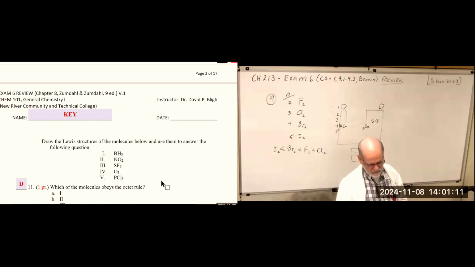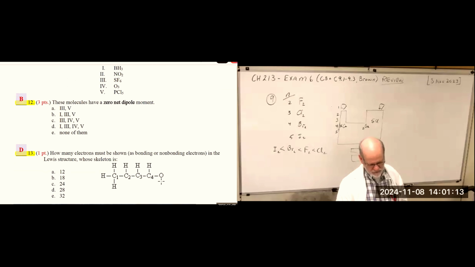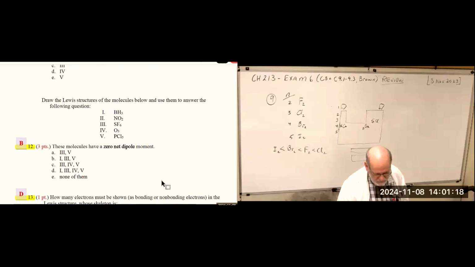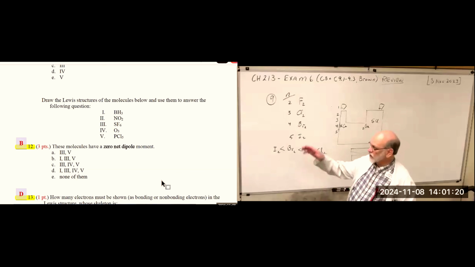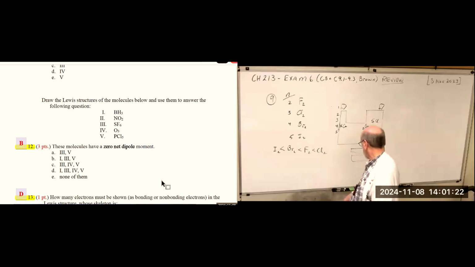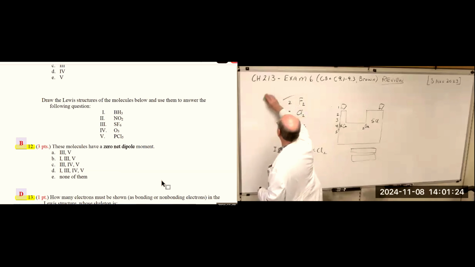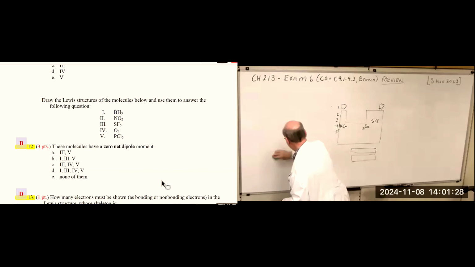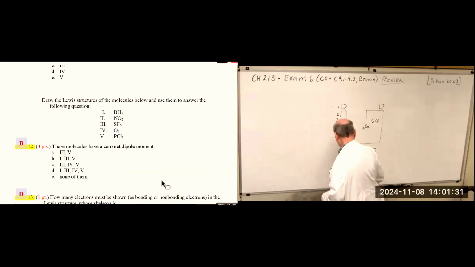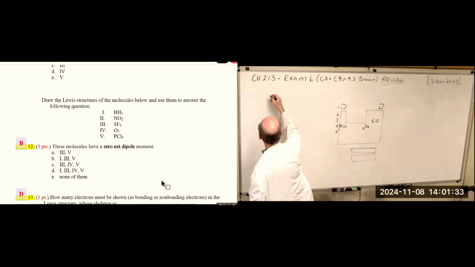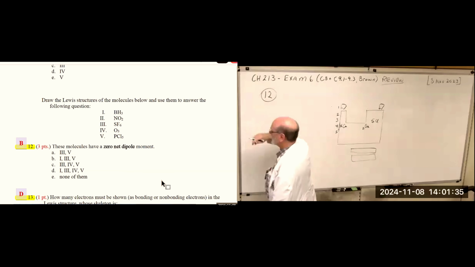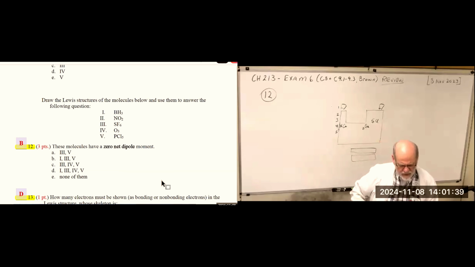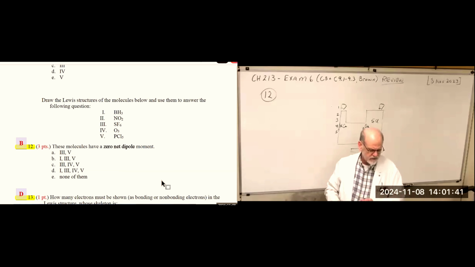All right. We skipped a few. Let's see. We need to look at those Roman numerals 1 through 5 for number 12. Draw the Lewis structures for the molecules below and use them to answer the following questions.